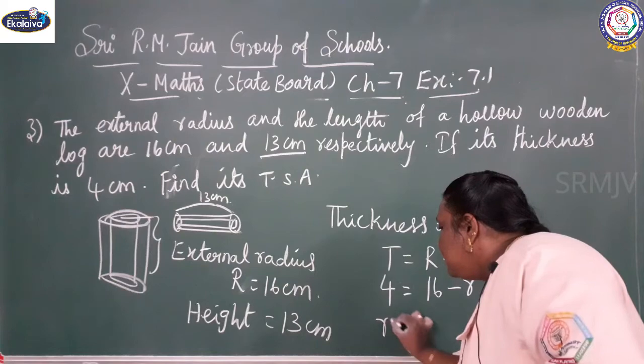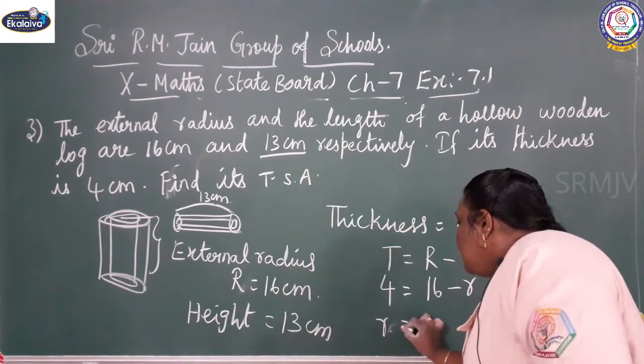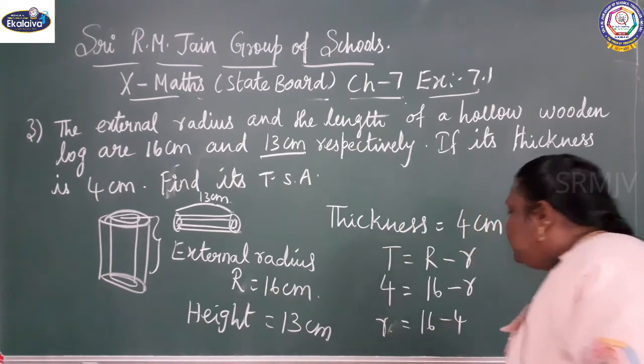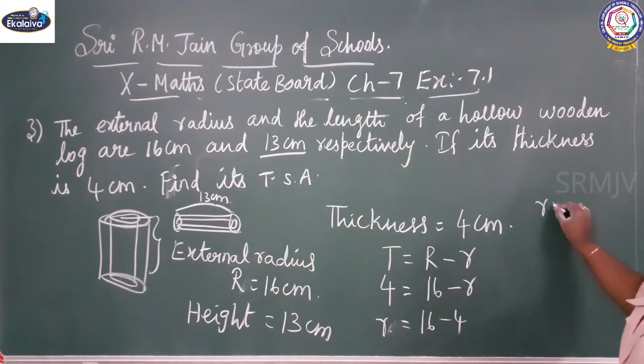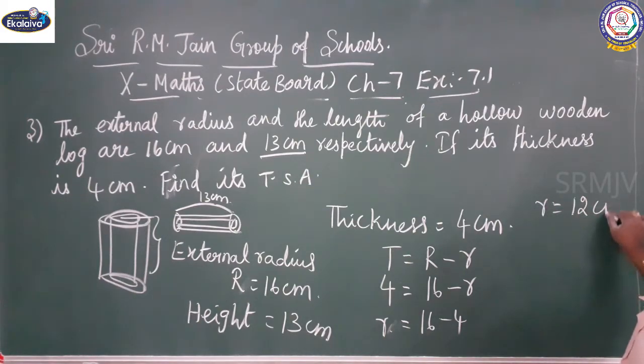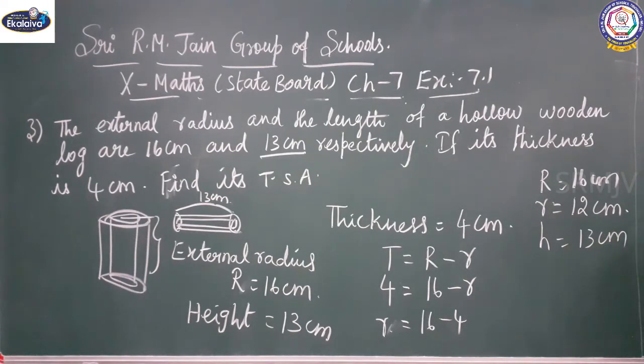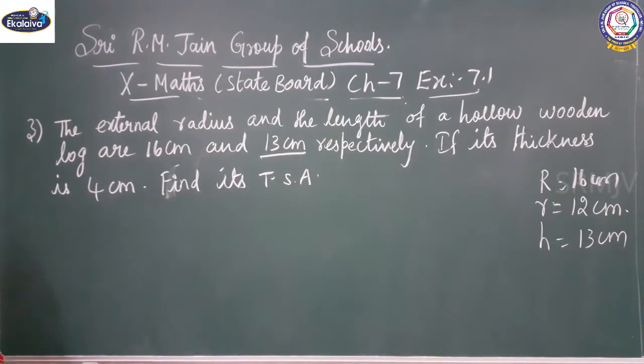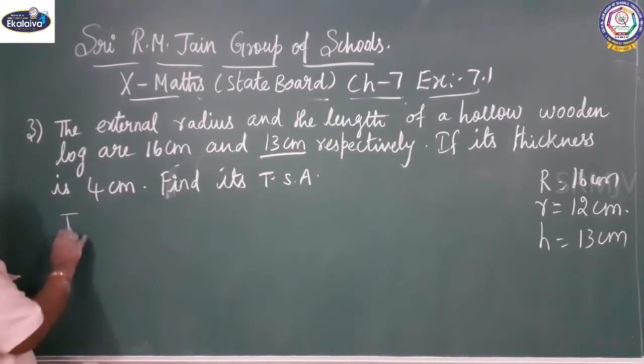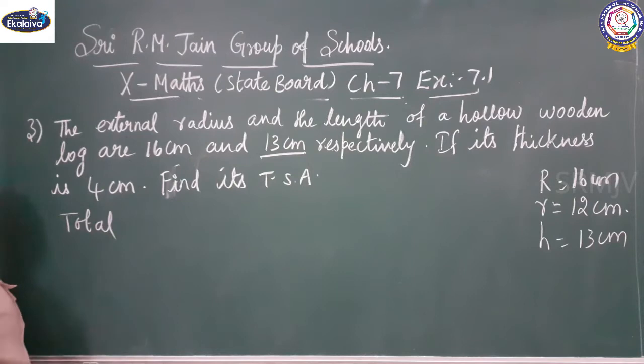So small r equal to 16 minus 4, which is 12 centimeter, and capital R equal to 16 centimeter. The height of the log h equal to 13 centimeter.